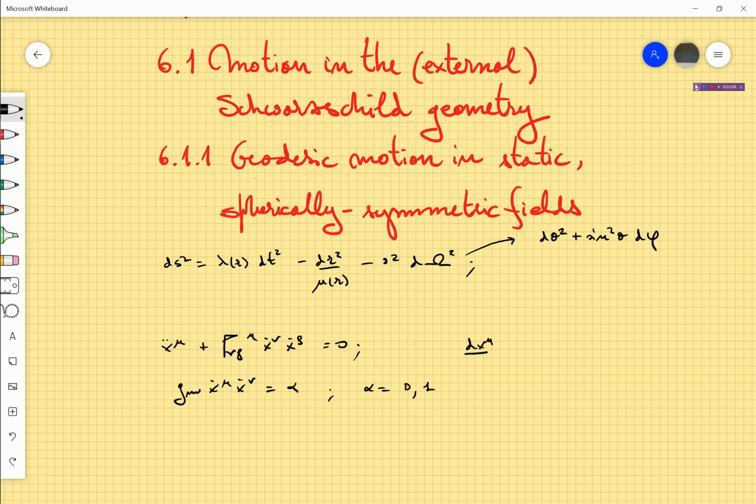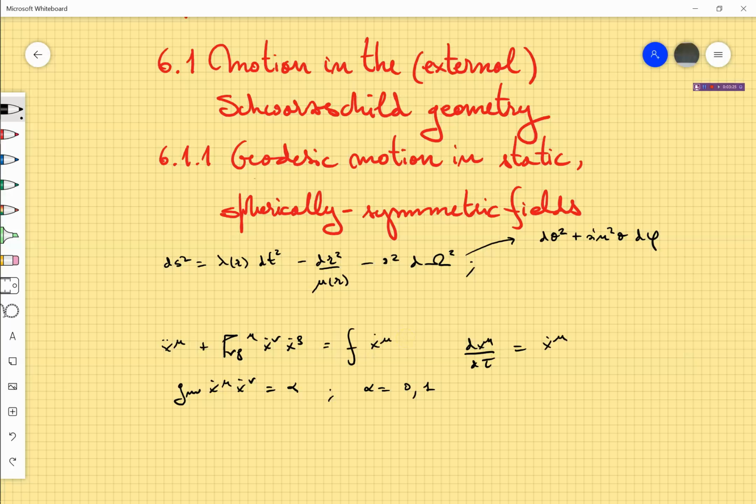Because here, the form of the equation is already telling you that the parameter with respect to which we take the derivatives is the proper time or the affine parameter. If it is something else, like the coordinate time, then we would have to write the equation in this way.